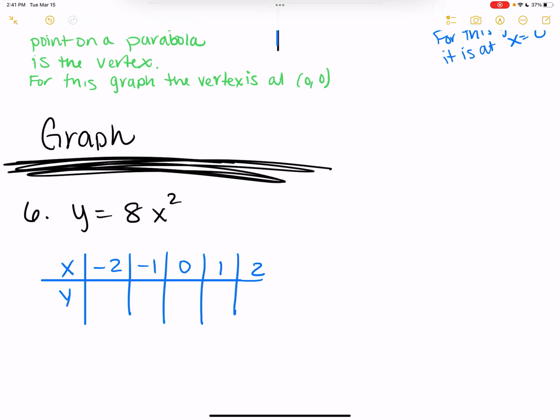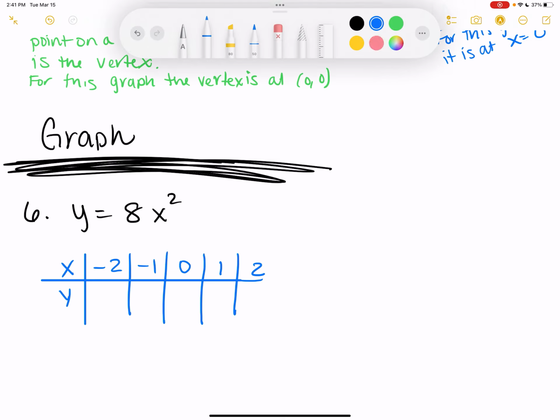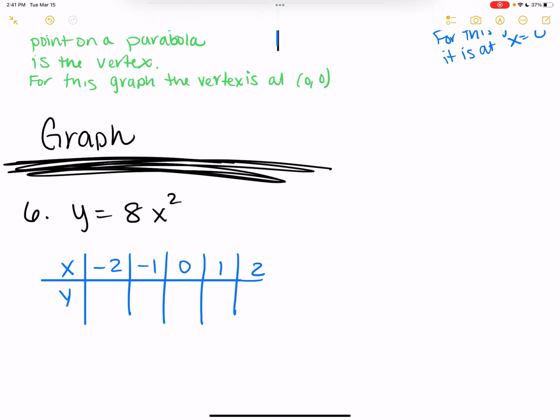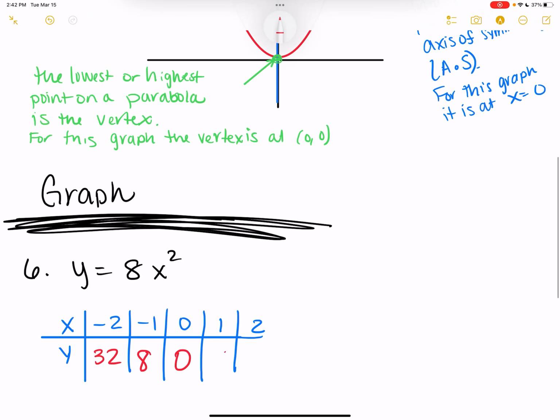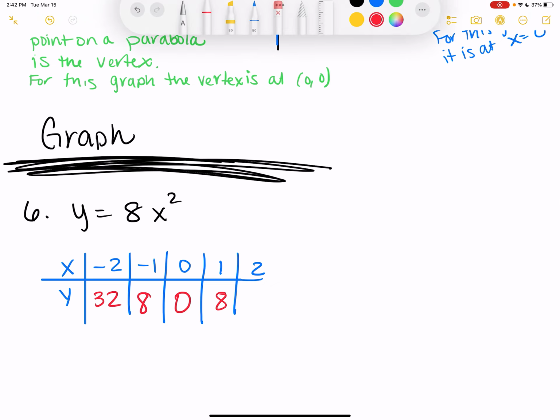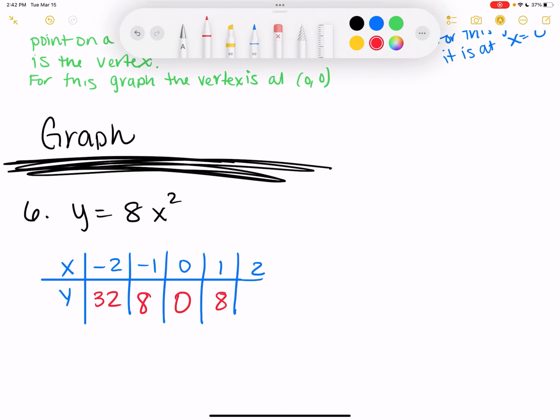Okay, 4 times 8 is 32. -1 squared is 1, times 8, 8. 0 squared is 0, times 8 is 0. 1 squared is 1, times 8, 8. 2 squared is 4, times 8, 32.